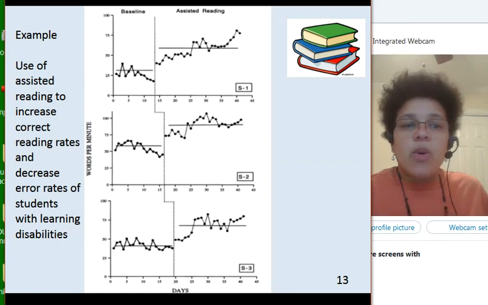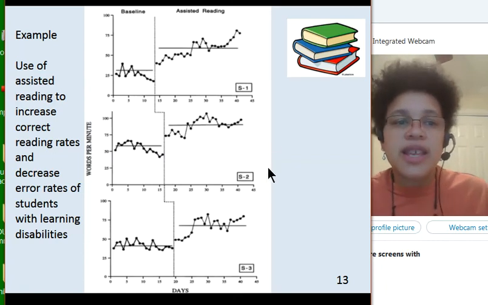So what you do is you teach using your traditional method and measure student performance, and then the intervention method and measure student performance. And these horizontal lines probably represent the average performance, right?